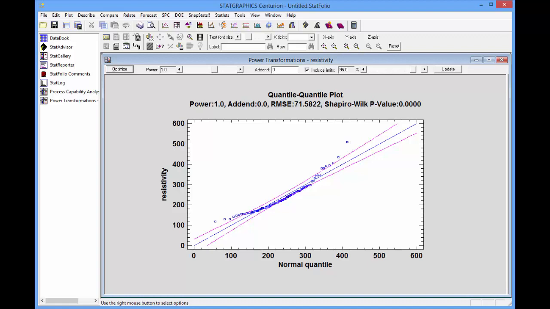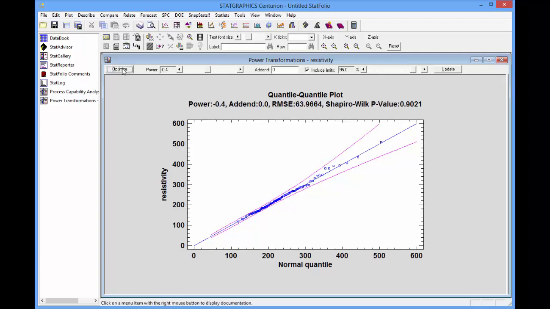It's quite clear from the shape of the points that they don't fall along a straight line. To apply a power transformation and find the optimal power, I'll now go to the Statlet toolbar and press Optimize.